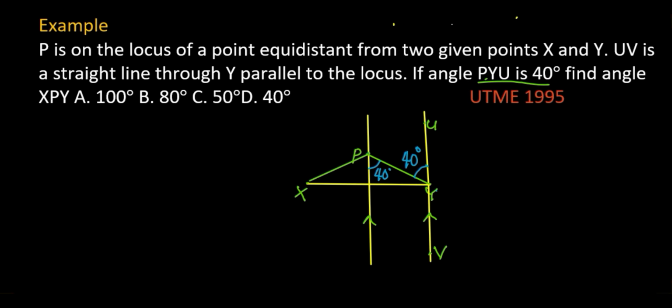That's an isosceles triangle, so in that case we also have 40 degrees over there. So XPY is 40 degrees plus 40 degrees. We add them together and it gives 80 degrees, which is option B.